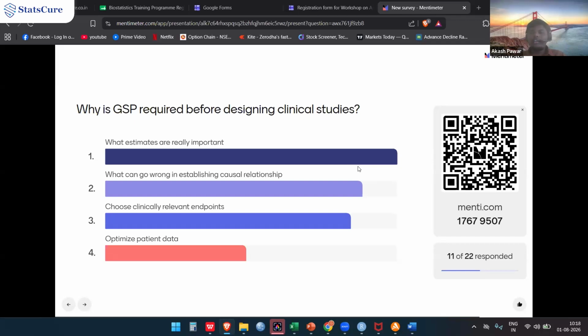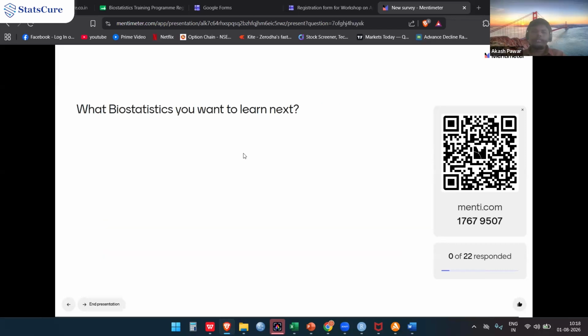Ideally, all are relevant and need to be taken into care while designing any clinical trial, because each of these steps helps you decide what is needed and how to establish your study further based upon the statistics. All are important, but knowing what estimates are really important is the first one people have noted, and as per the hierarchy, we can give it as the utmost important.